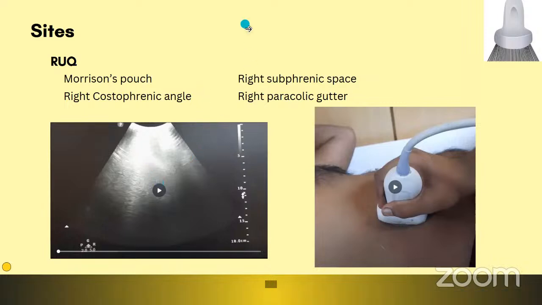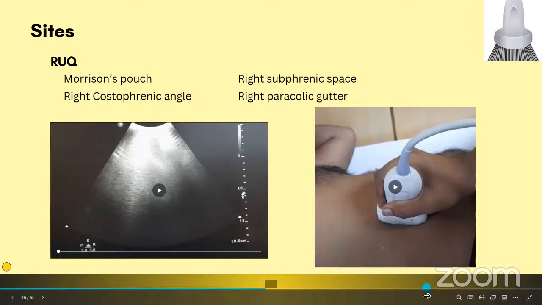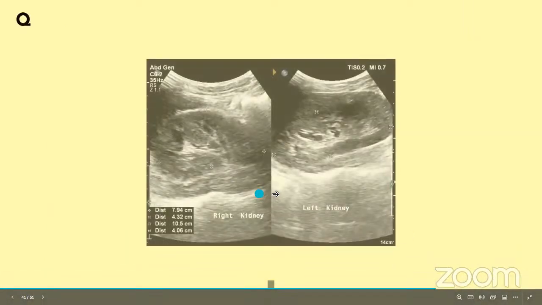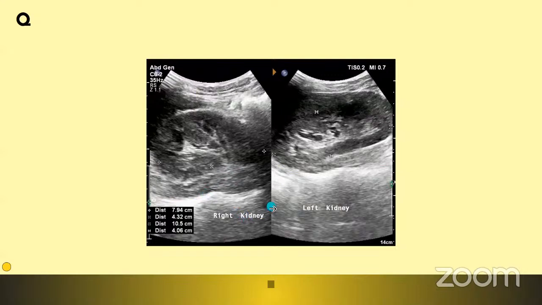Again, a sound wave is a transverse wave, so it's getting revealed due to these fluids. Here also I'm able to see the clearer transverse sound waves, which means that I am dealing with fluid around here. Posterior acoustic enhancement, secondary to some fluid collection around the kidney.